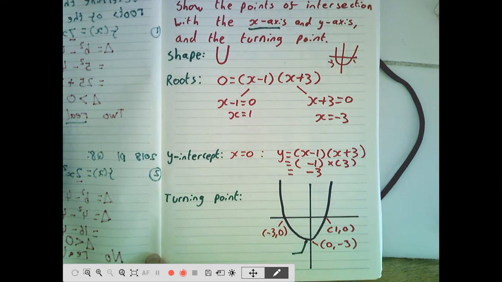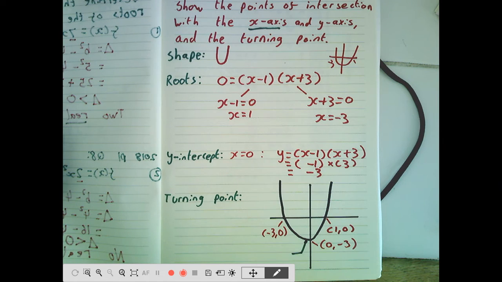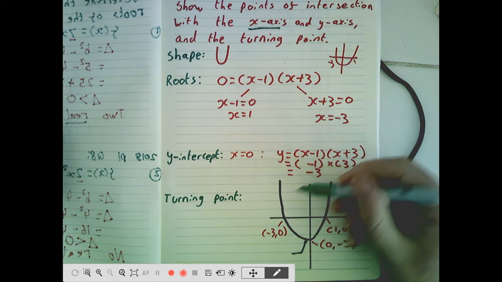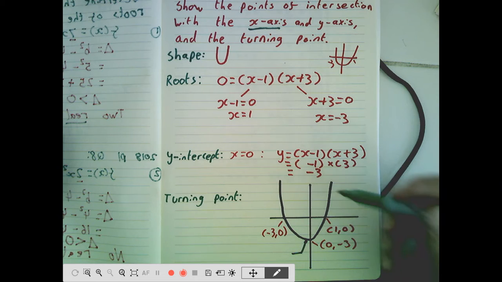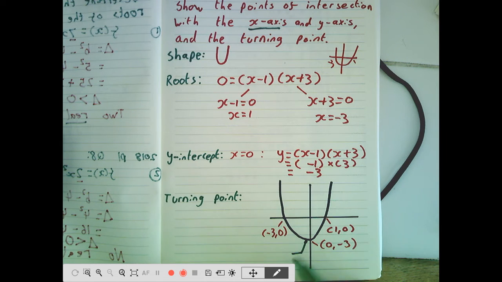The first thing we'll note is that there is a symmetry here. There is a symmetry of a parabola, and so the x value is going to be halfway between each of these roots. So the number that's halfway between -3 and 1.